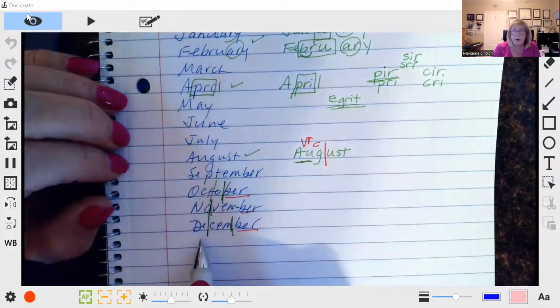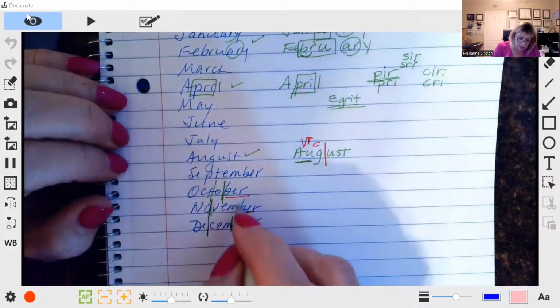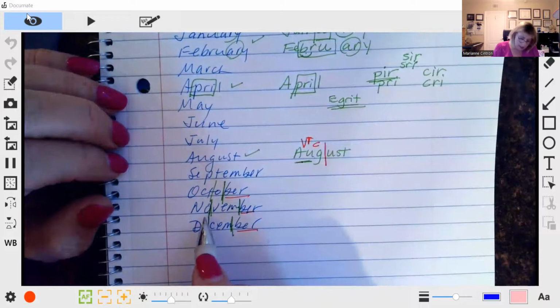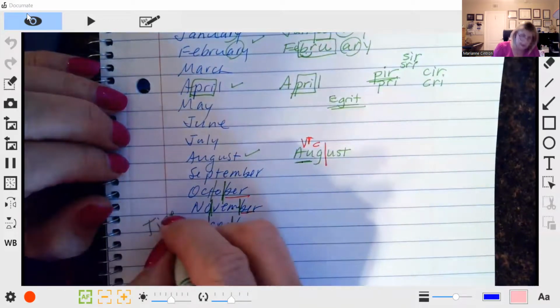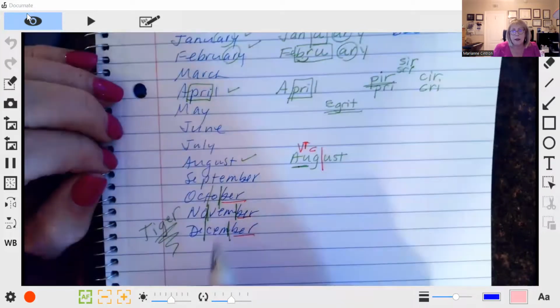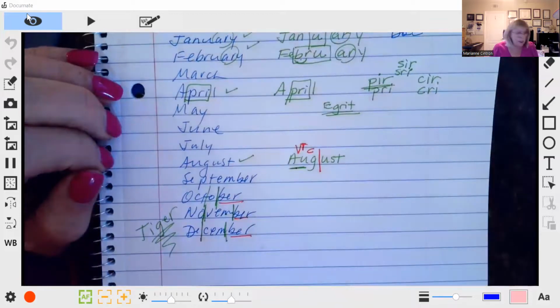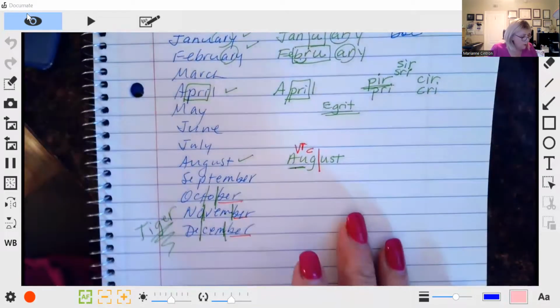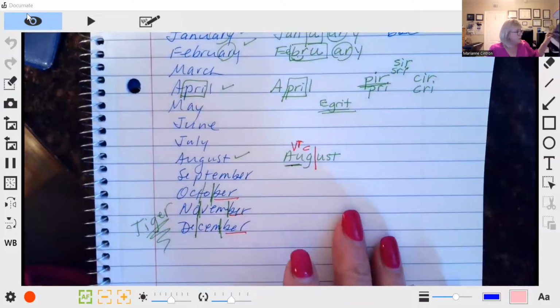So the reason I put the CEM and the VEM together, these are your tiger syllable words. I'm going to attach some examples of tiger syllable words to this after this video is over. So that's it. What I wanted to show you also was I bring out the calendar.